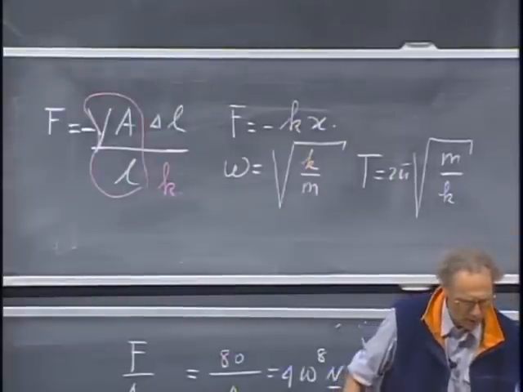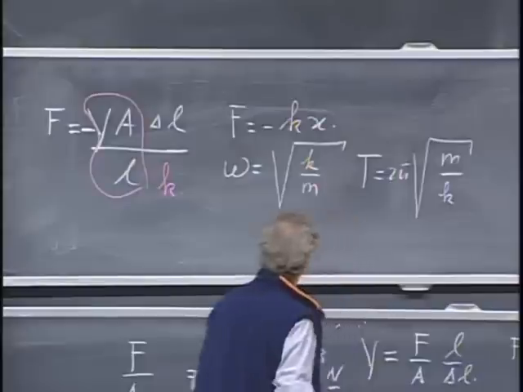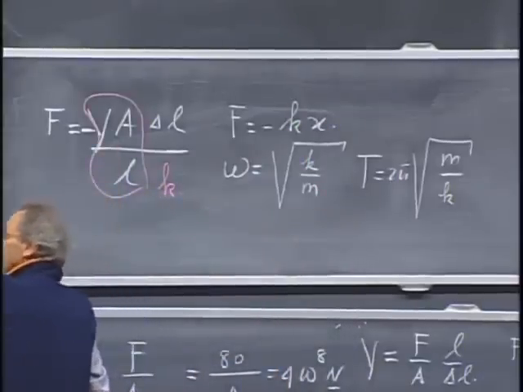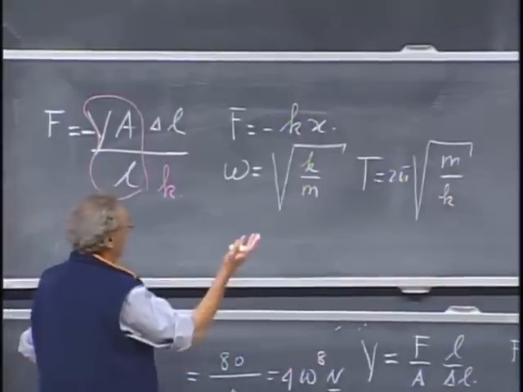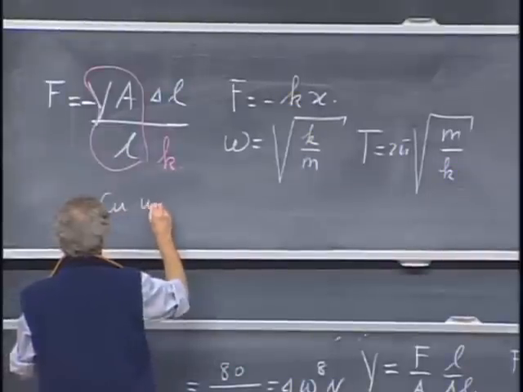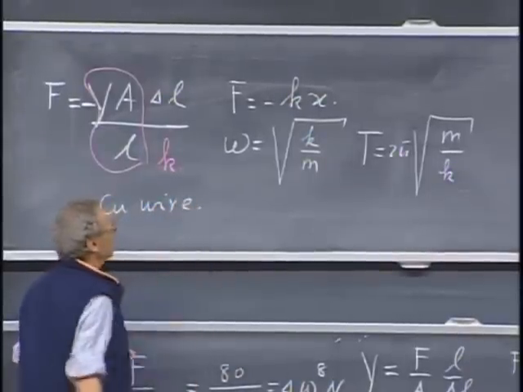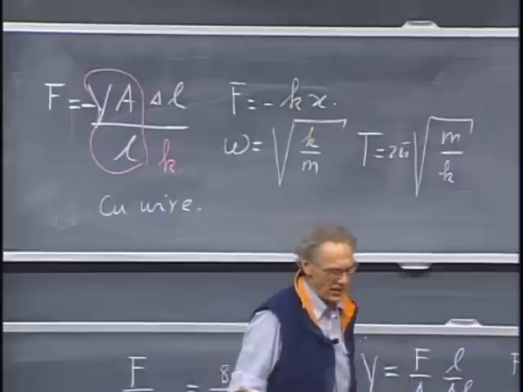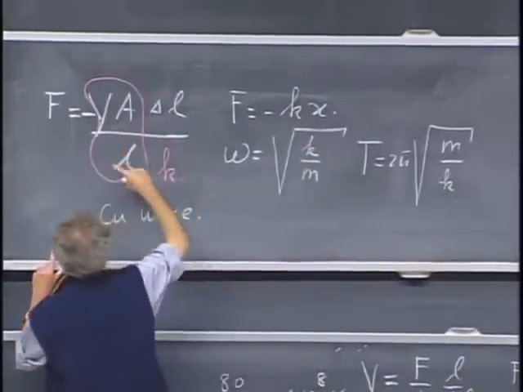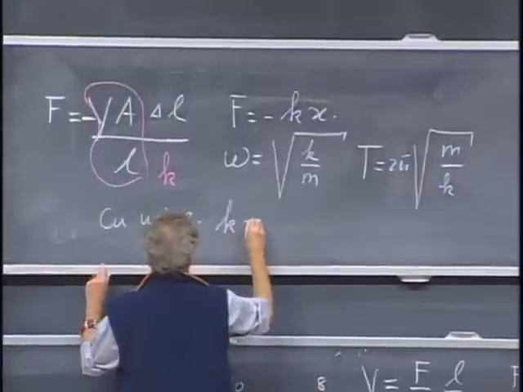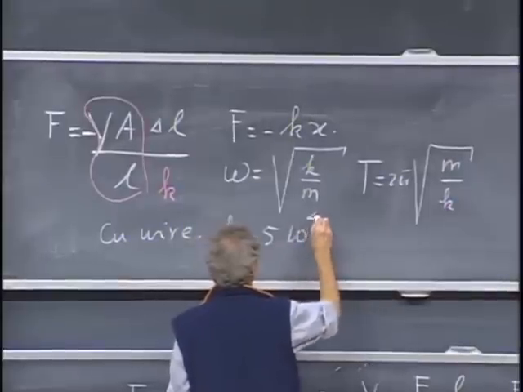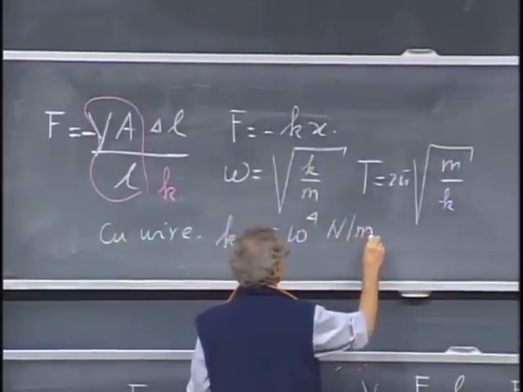If we take our copper wire, we know what Y is. If I take the value 11 instead of the one that we found, but it's very close anyhow. So if I take our copper wire, then I will find, depending upon the mass that I hang on it, but I'll find in any case for this value k, 5 times 10 to the 4th newtons per meter.